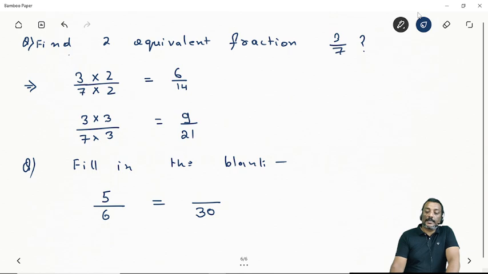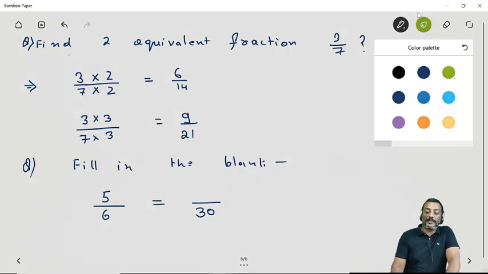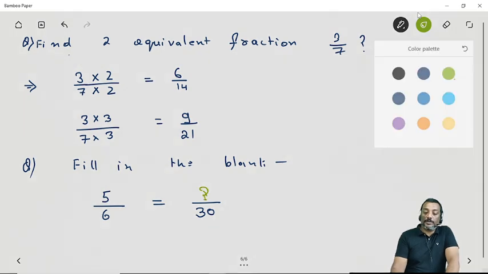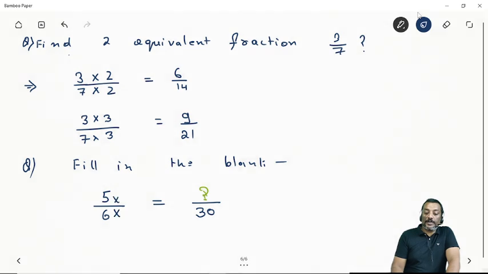Now it is asking what the number is here. So you can see by which number you multiply 6 to get 30. You all know the 6 table. In the 6 table we are multiplying by 5. So we will multiply by 5 also. So how much will we get here? 25. So this type of fractions you will get in the coming examples.